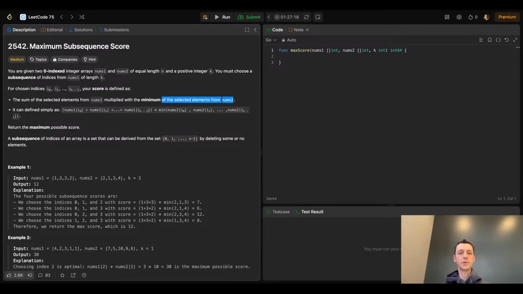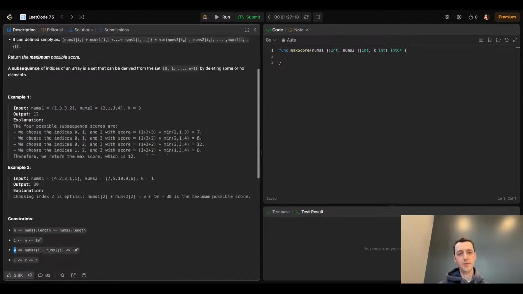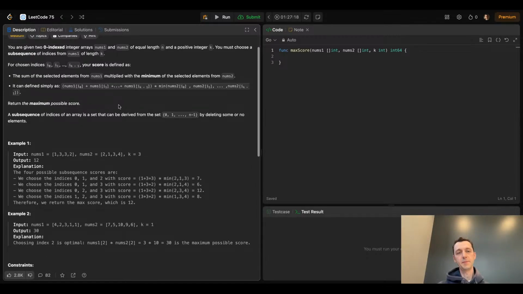The values are all positive, or there could be a 0, which we have to avoid because you have the minimum.